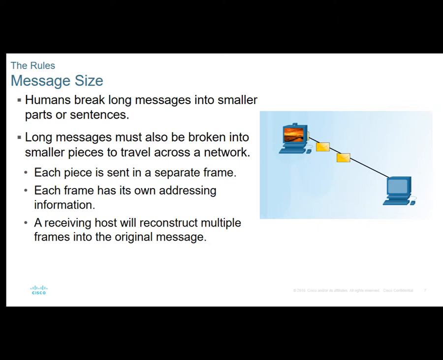If I say this is the order of things, and you receive it as things order this is, your mind's got to put that together to be this is the order of things. In the same way, packets or frames have a numbering system, and the receiver reconstructs them into the proper sequence.